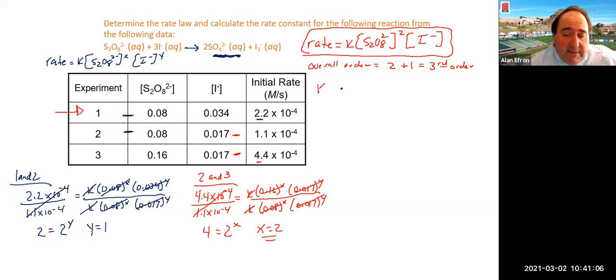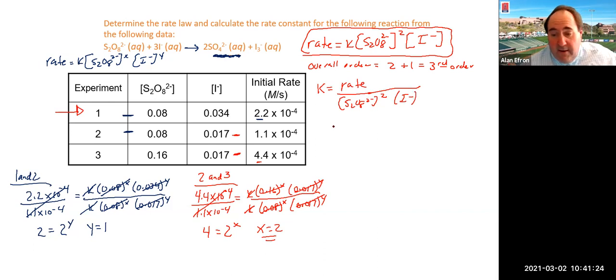So K in this case, dividing everything on the right-hand side to the other side, would equal the rate divided by the S2O8 2-, and you still need to square it, times the I-. Putting in our values from the first entry, that gives us 2.2 times 10 to the minus 4 molar per second, divided by our 0.08 molarity, again squaring it, and our 0.034 molar here.